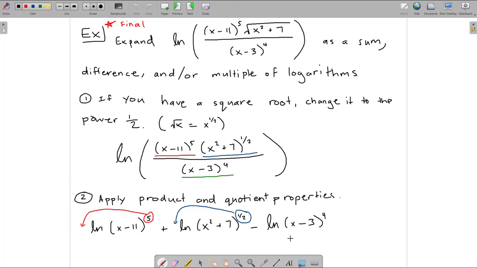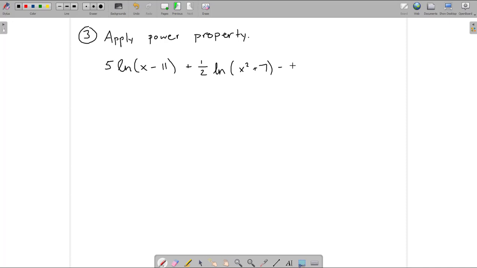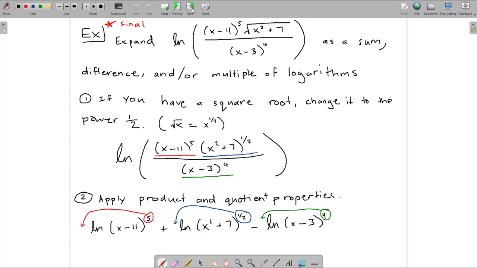Let's look at the last one. We're going to be bringing that 4 out to the front as well, and make sure we still subtract that last term there. So minus 4 natural log of x minus 3.